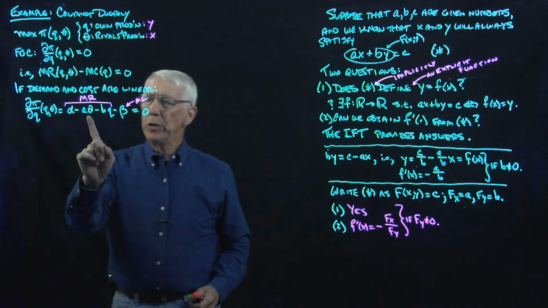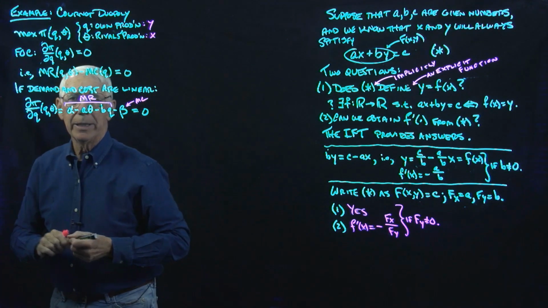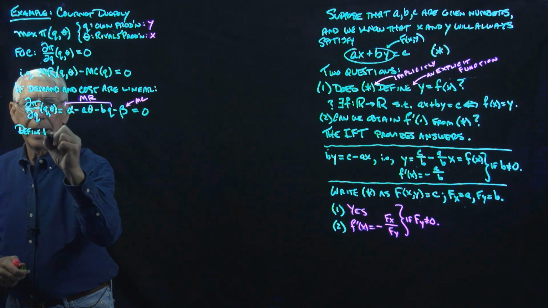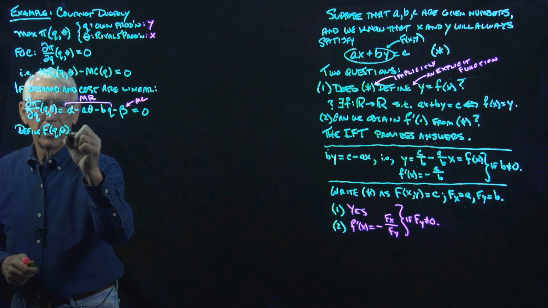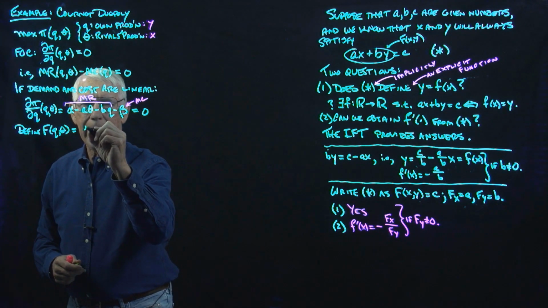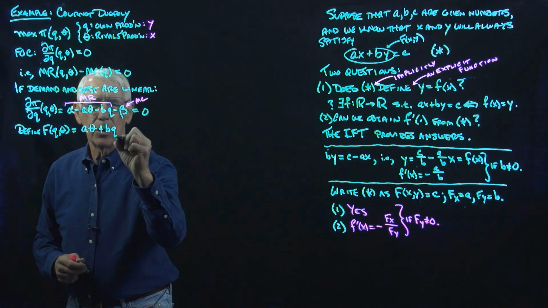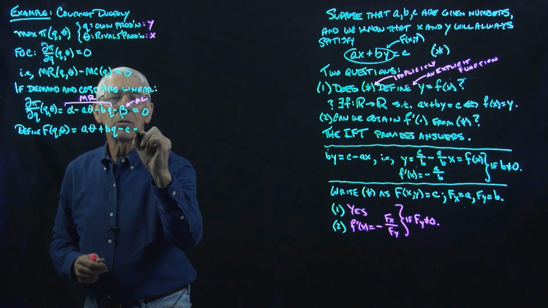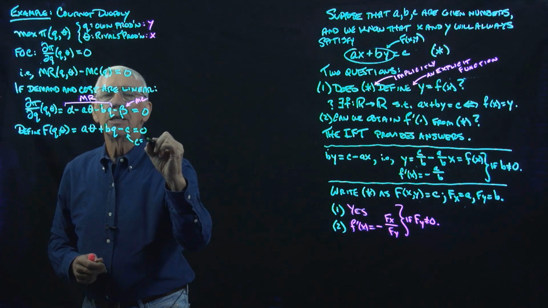And so I'm going to rewrite this so that it looks like what we have over here. I'm going to define a function f of Q and theta, and that's going to be A theta plus BQ minus C equals 0, where C is alpha minus beta.